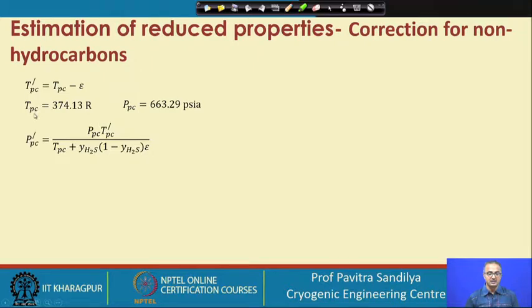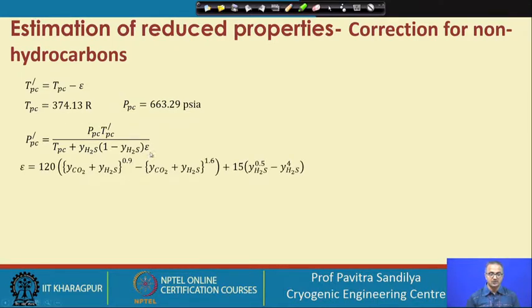This TPC is given here, and PPC we know, and this is the corrected pseudo critical pressure, which is again given in terms of the pseudo critical temperature corrected and without correction, and this is the amount of the H2S.